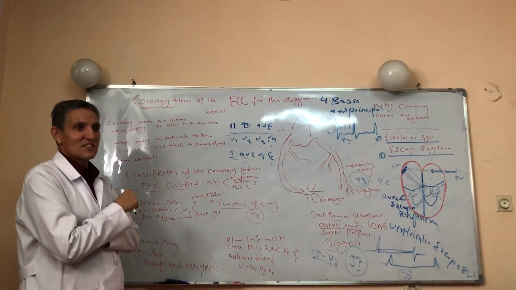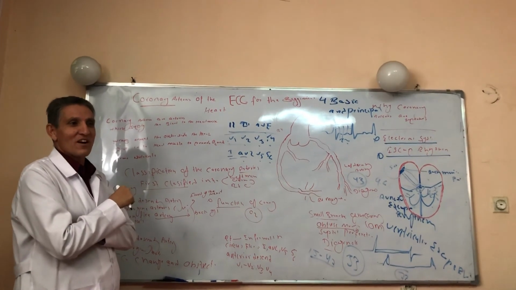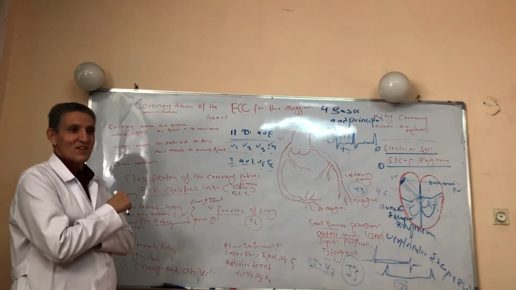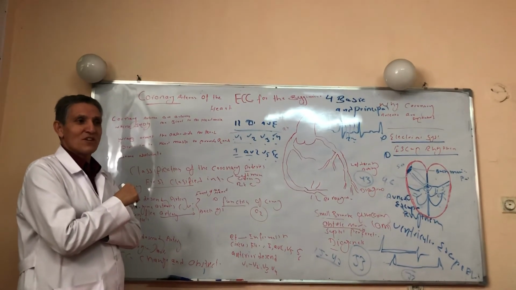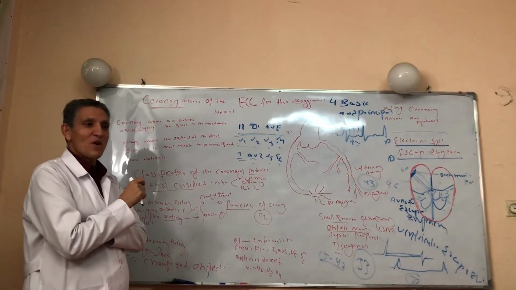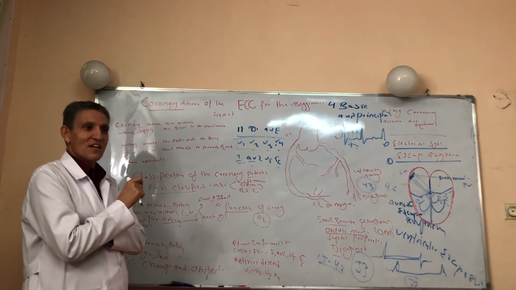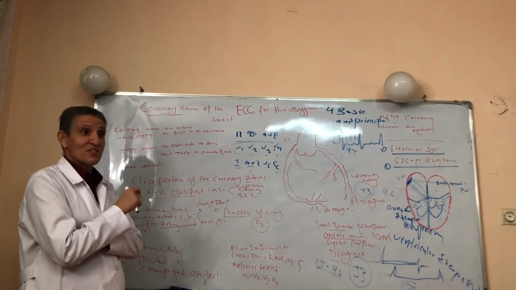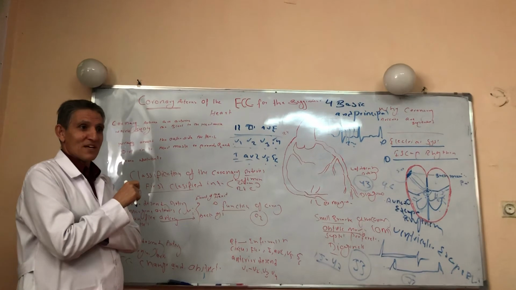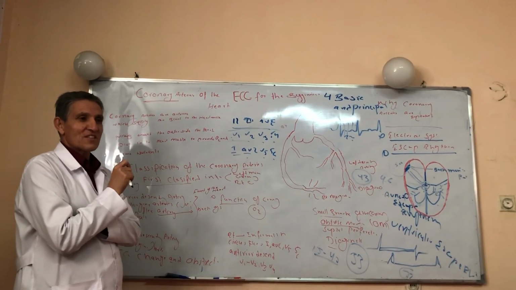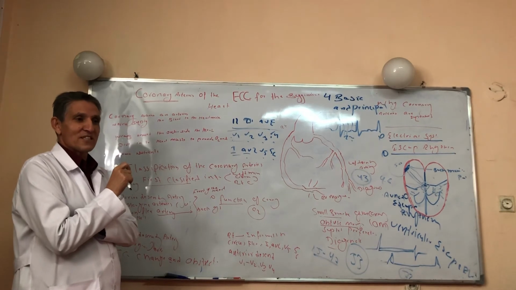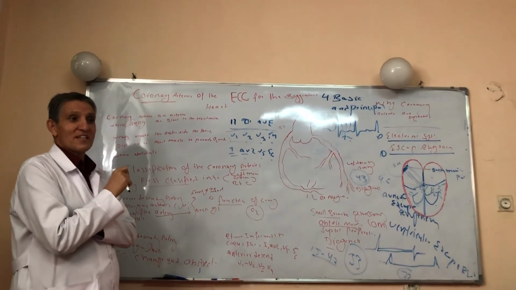and second we'll talk about the coronary arteries anatomy. Blood supply of the heart: those arteries which supply blood to the heart, or which provide oxygen and nutrition for the heart. The heart, like other tissue, needs oxygenated blood, and depleted or poorly oxygenated blood should be carried away.